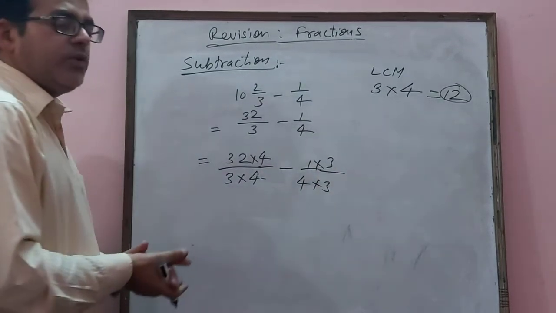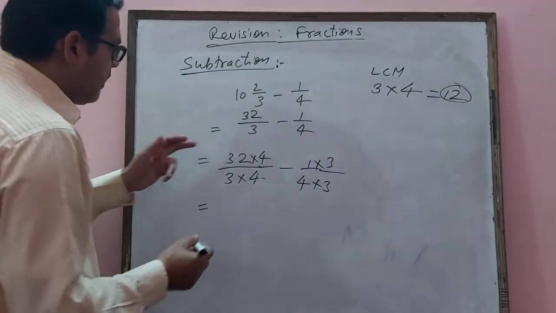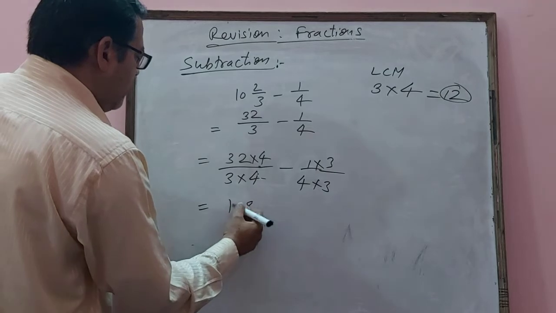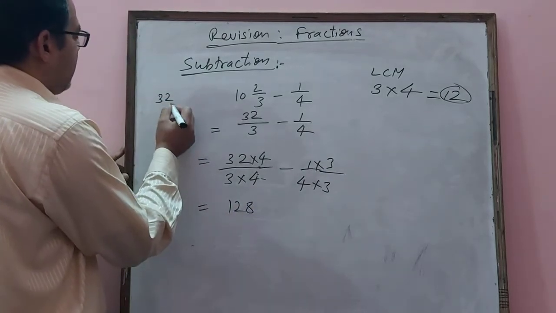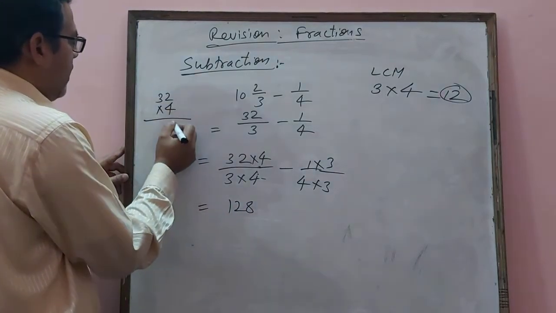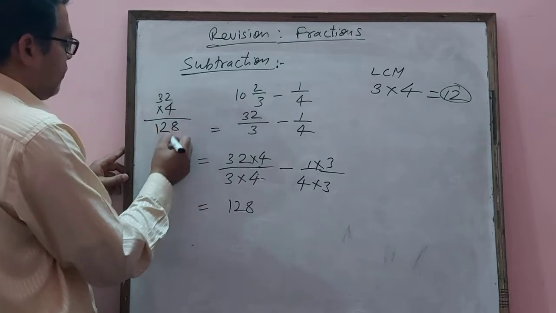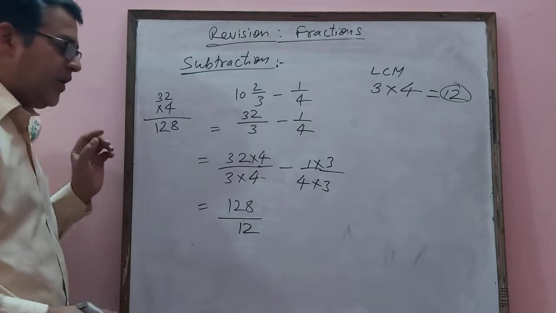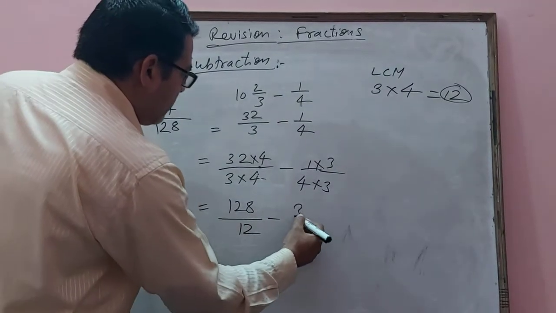Since 4 into 3 is 12. Now 32 into 4. If you don't know that multiplication, then you need to multiply like this. 4 2s are 8, 4 3s are 12. So 128 we have here. Downside we have 12. 3 4s are 12. You all know. Here 3 by 12.